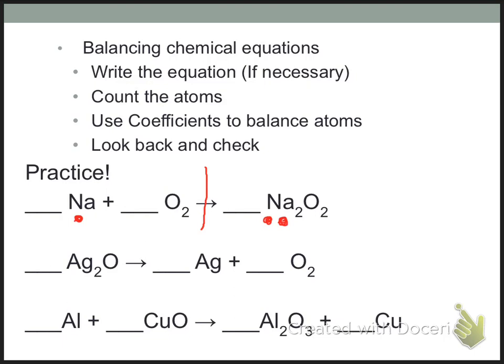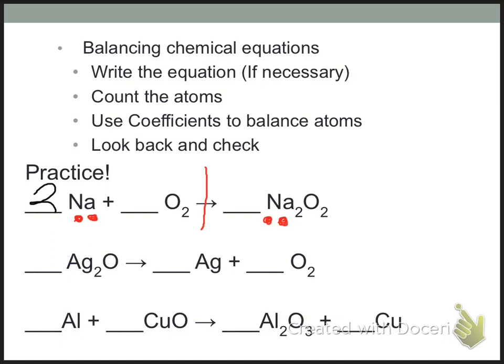To get this to be balanced, we need to increase the smaller 1 sodium to 2. So we need to think about what number we can multiply by 1 to get to 2, and that's going to be 2. 2 times 1 is going to give me 2 atoms of sodium.